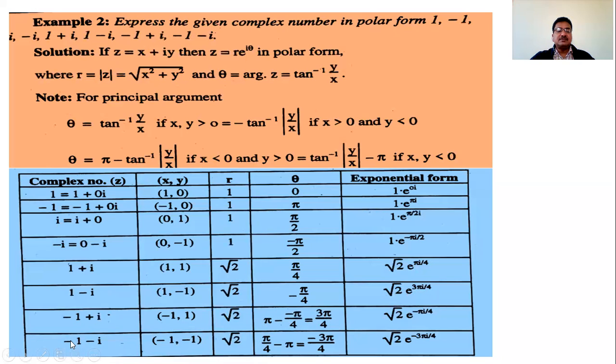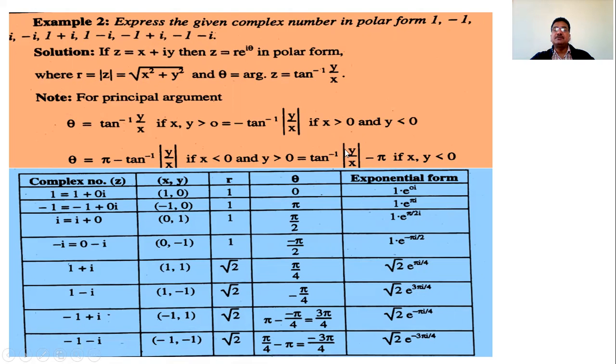Then the last number, minus 1 minus i. Both are negative. Real part and imaginary part both are negative. So use this definition: minus pi plus tan inverse y by x. So again modulus is root minus 1 square plus minus 1 square, which is root 2. And then this value of tan inverse y by x: y is minus 1, x is also minus 1.